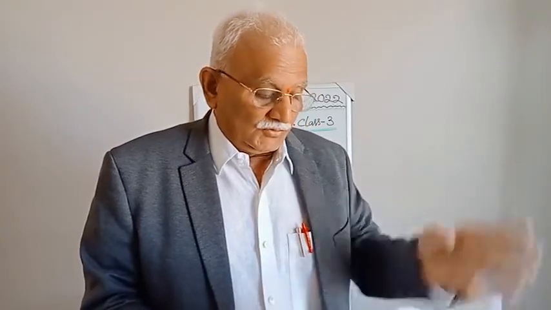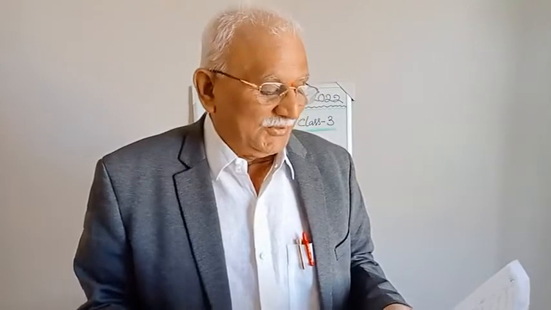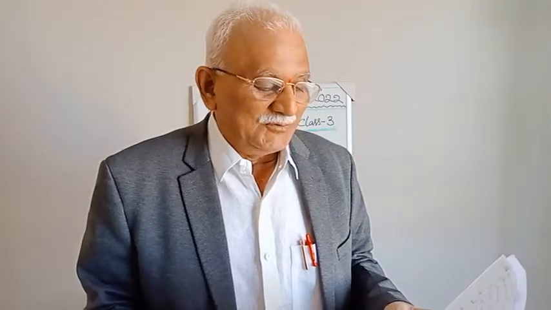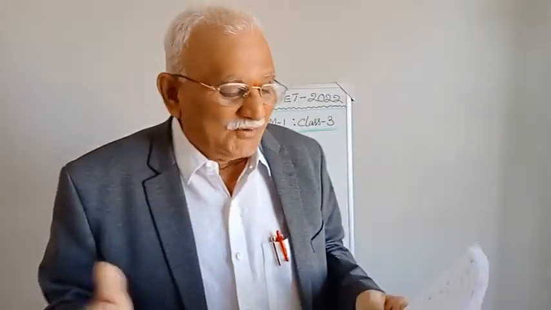Now, next bit. Of course, as I said, some more question. Arrange the phrases of Indian forest transition in the correct sequence. How it had transition. Transition has taken place with reference to forests.